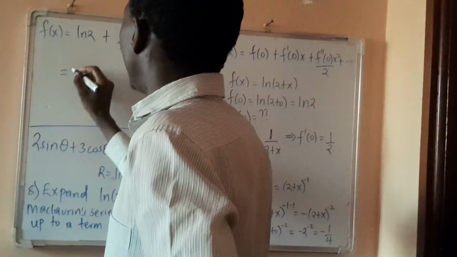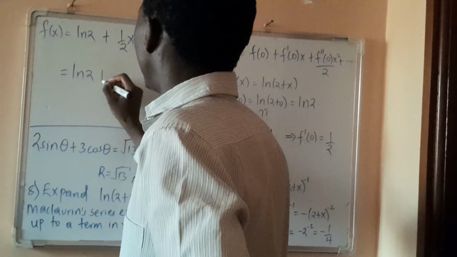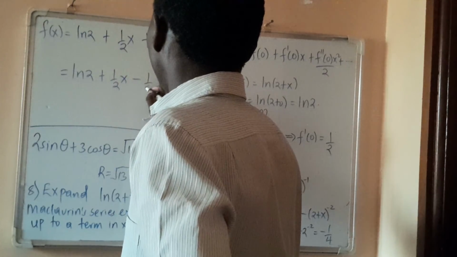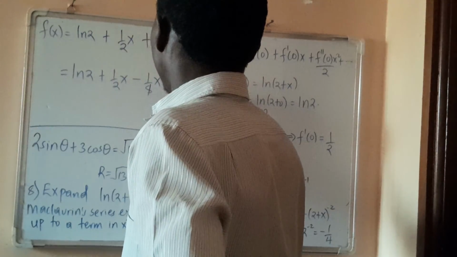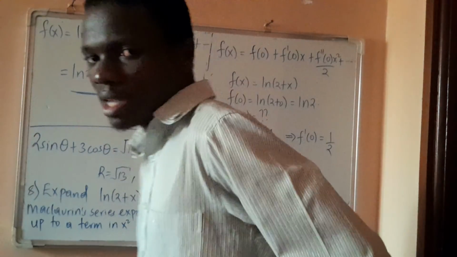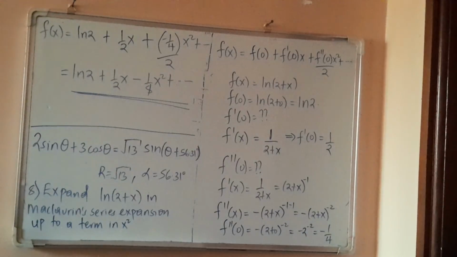So this is natural log 2 plus a half x minus 1/8 x squared plus. So we obtain that as our required expansion.